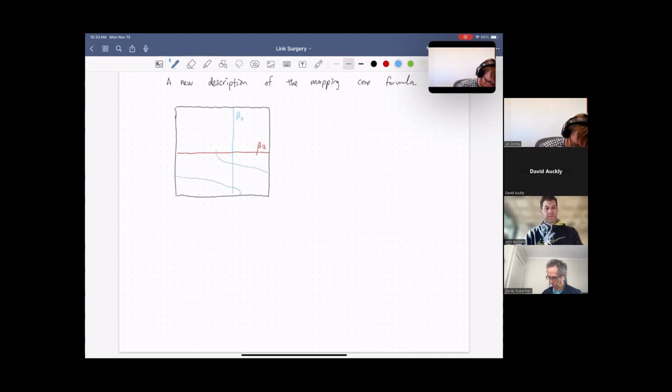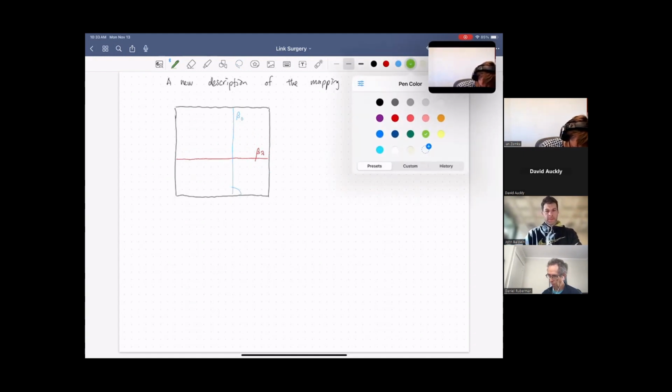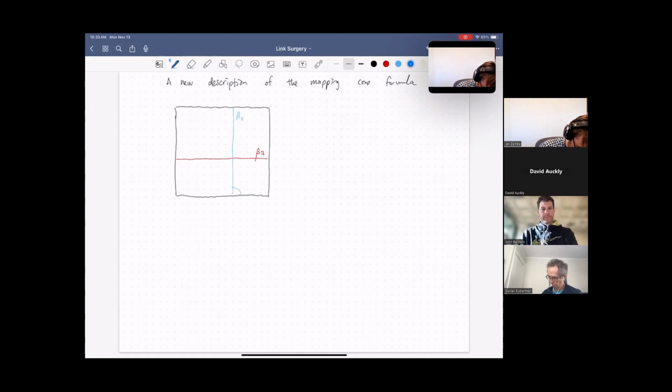Maybe I should use a different color here. Let's do a different blue. Okay, so this one will be beta 0, and this one will be beta 1.